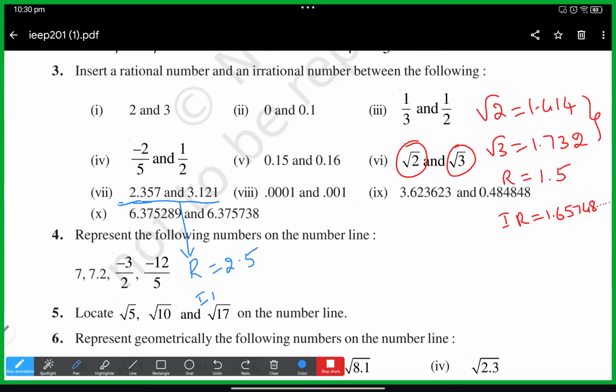And the irrational number will be 2.823641 and so on.